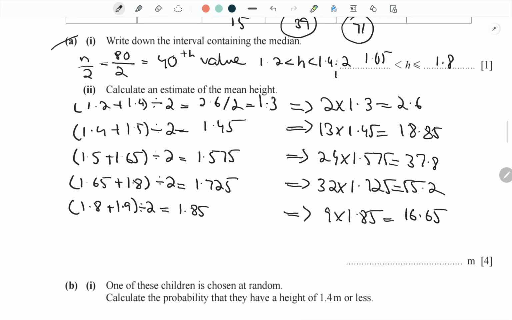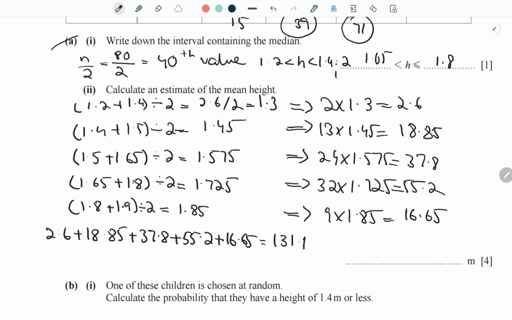Now we sum the results: 2.6 plus 18.85, plus 37.8, plus 55.2, plus 16.65. We add up all of them.